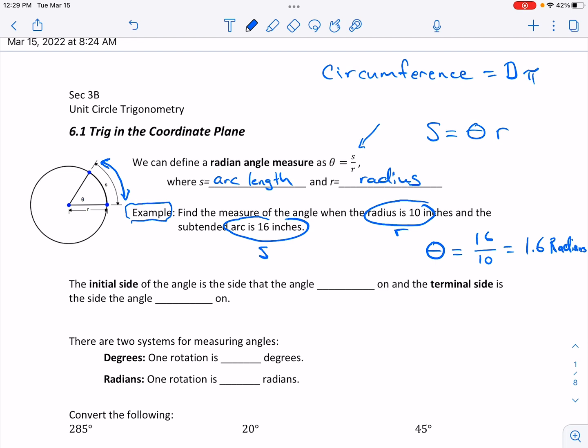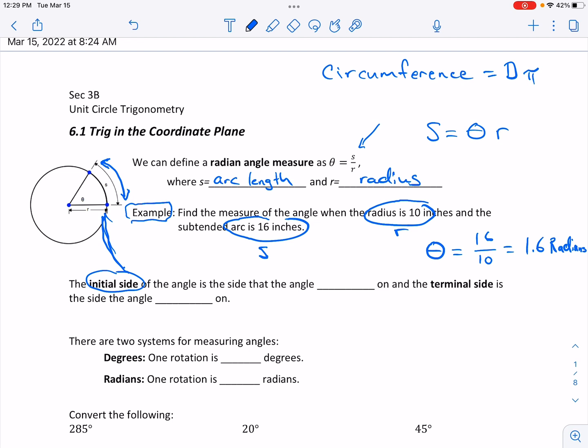Okay, so the initial side of the angle is, usually we say that's at 0 degrees. This is the initial side right here. It's where you start. Usually it's at 0 degrees, or horizontal to the right of the circle is usually where we start when we measure angles.